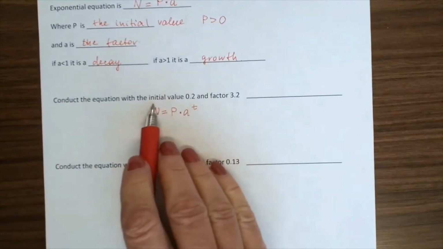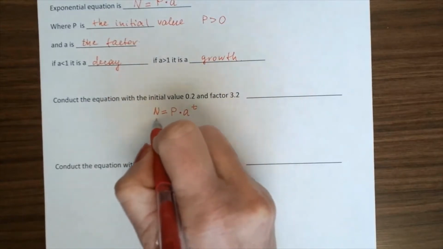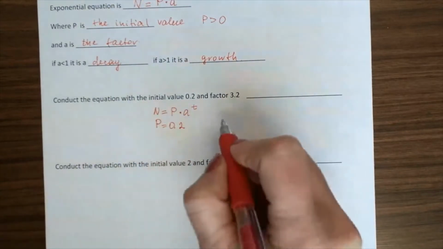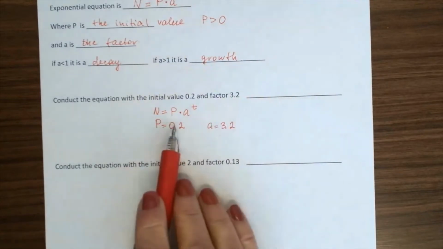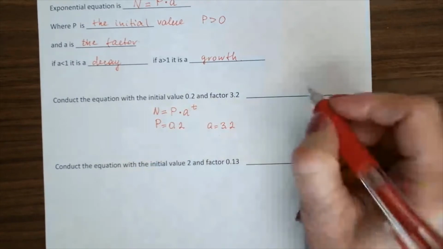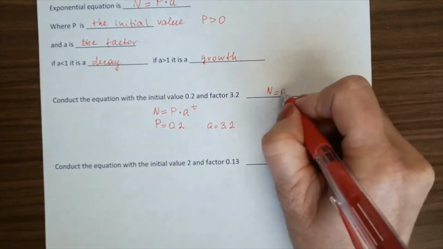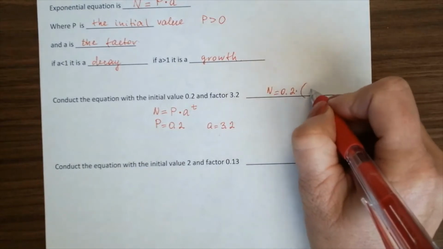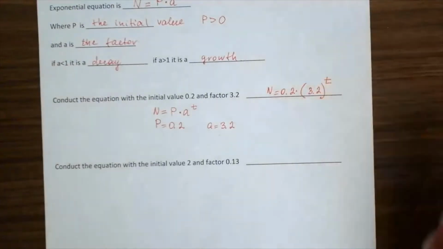P is given to us, it says the initial value is 0.2, so p is equal to 0.2, and the factor is 3.2. Now we will substitute these two numbers into the equation, and we will get the final formula. n is equal to 0.2 times 3.2 to the t power.